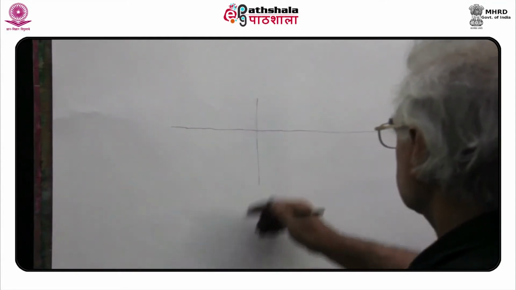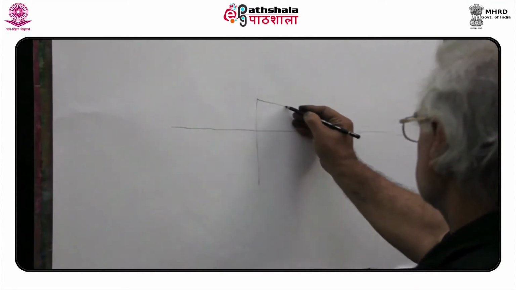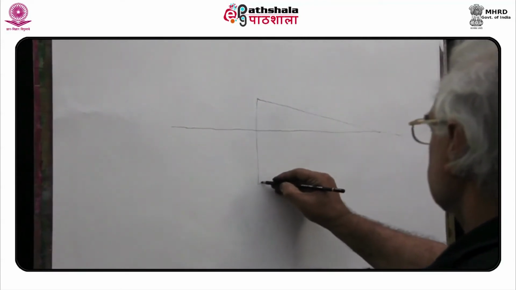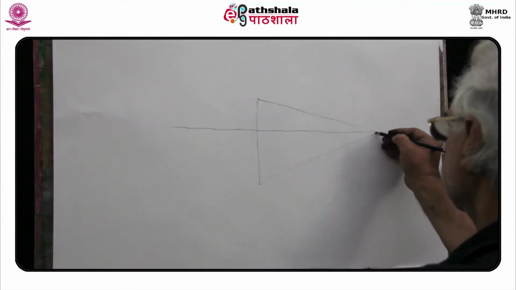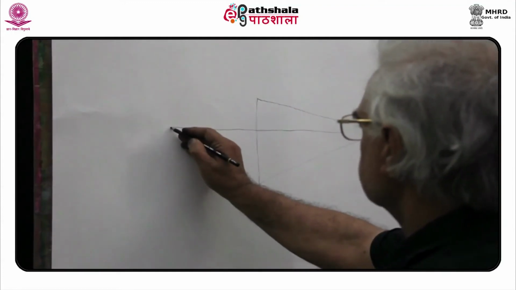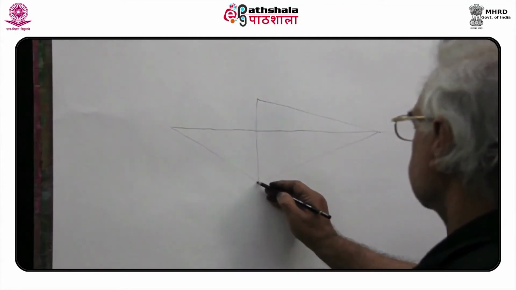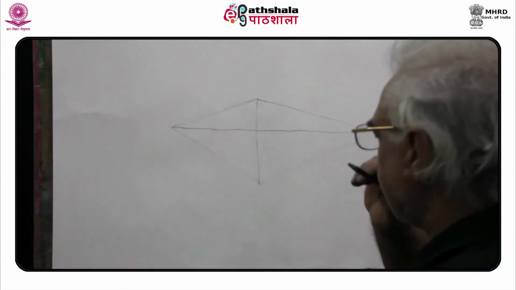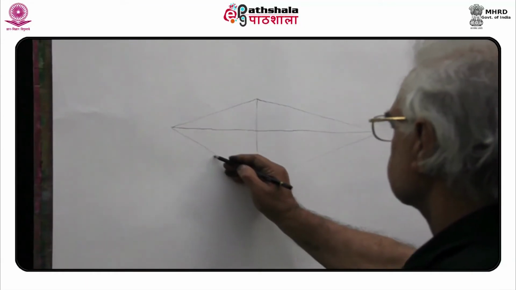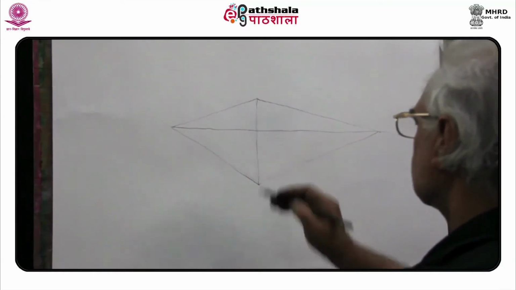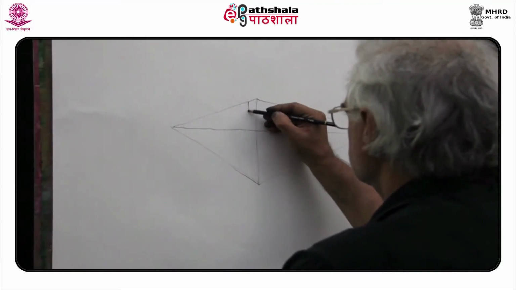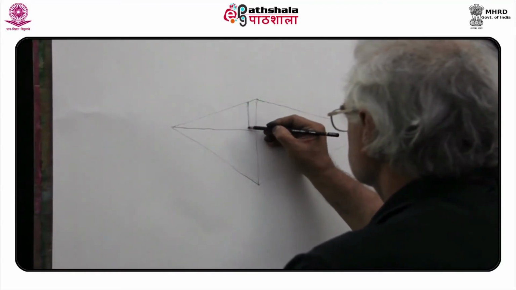Draw another horizontal line for one more exercise. It is the line where all vanishing points meet. That is the horizon. Place a perpendicular line on it as an object. From the top and bottom of the object, draw lines both ways meeting two vanishing points, one on the right of the horizon and the other on the left side of the horizon.